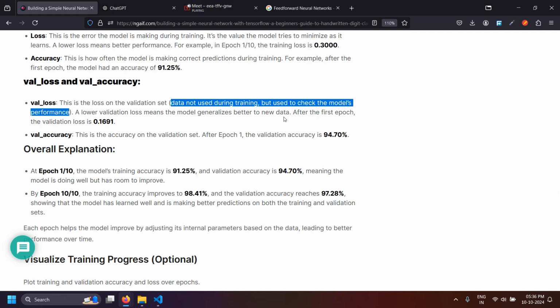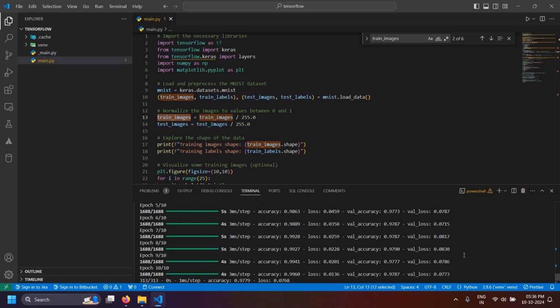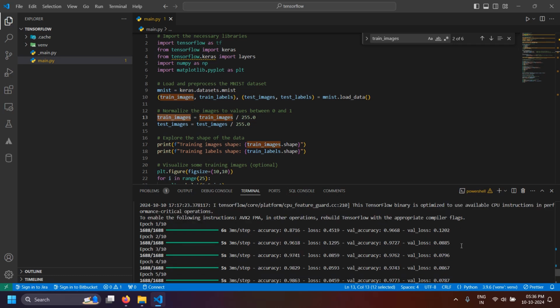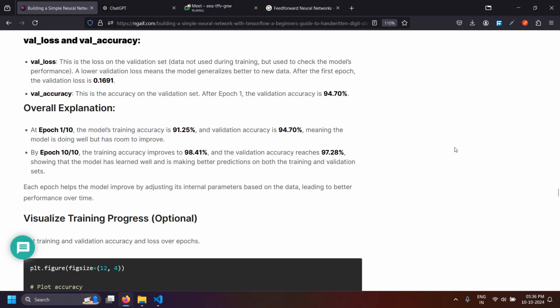You have to look for a low value for this. If you are getting high values, then you have to clean up things and retrain the model. You have to look for less val_loss, and I will also tell you when you should be satisfied that your model is working fine.